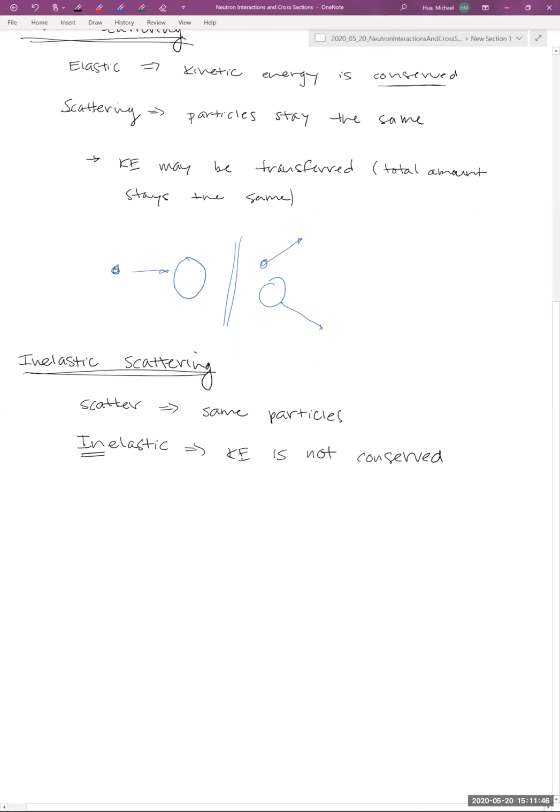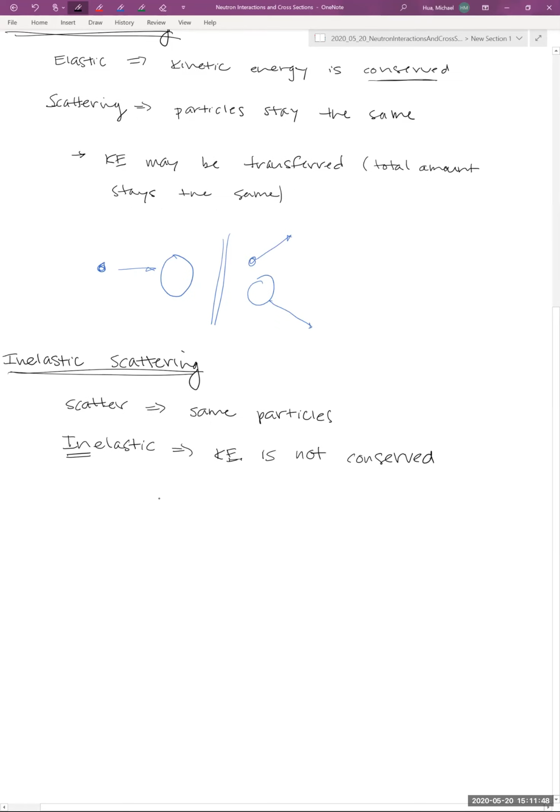Because the initial energy must equal the final energy due to conservation of energy, the potential energy plus kinetic energy initial equals potential energy final plus kinetic energy final.